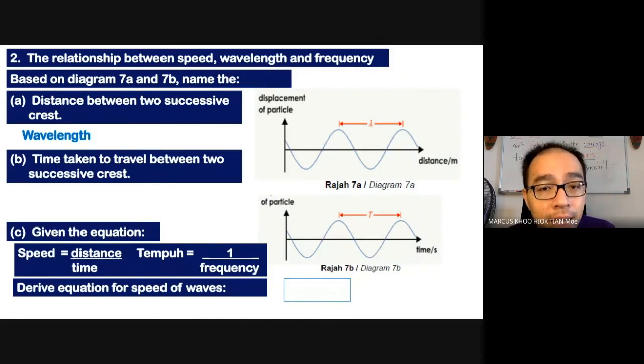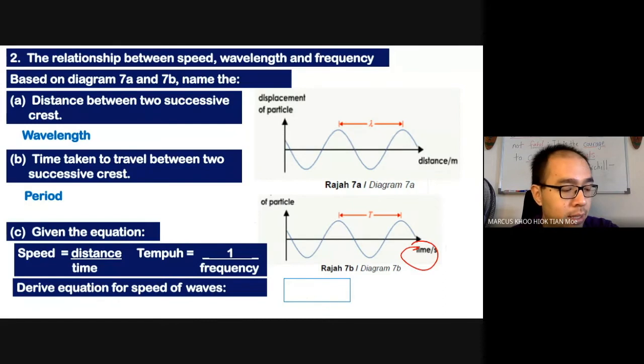The time, which is determined by the displacement-time graph, between two crests or two troughs is known as the period. We saw this in last week's class, so today is just a reminder. Given the equation speed equals distance over time, and period is 1 over frequency, we derive the equation for the speed of waves.